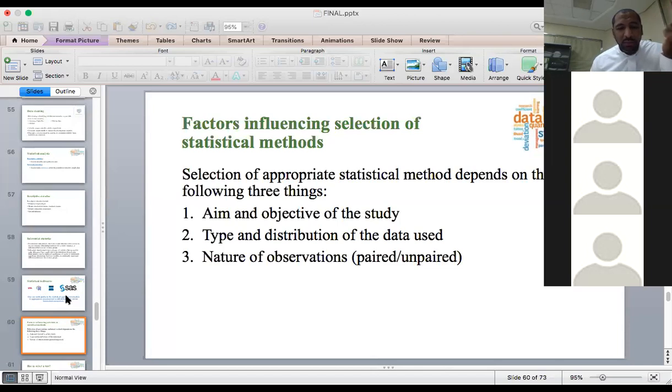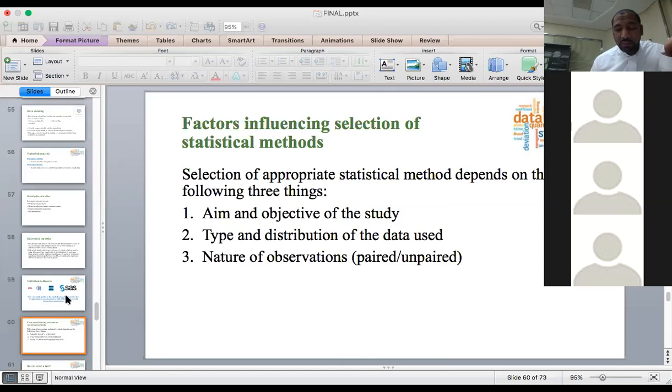And non-parametric methods, if you would like to apply, for example, a Mann-Whitney test and a Kruskal-Wallis test, and also the nature of observation, whether it's paired or unpaired.